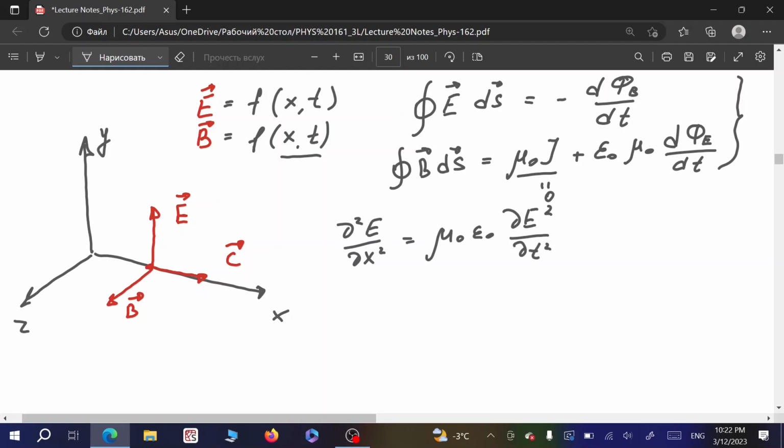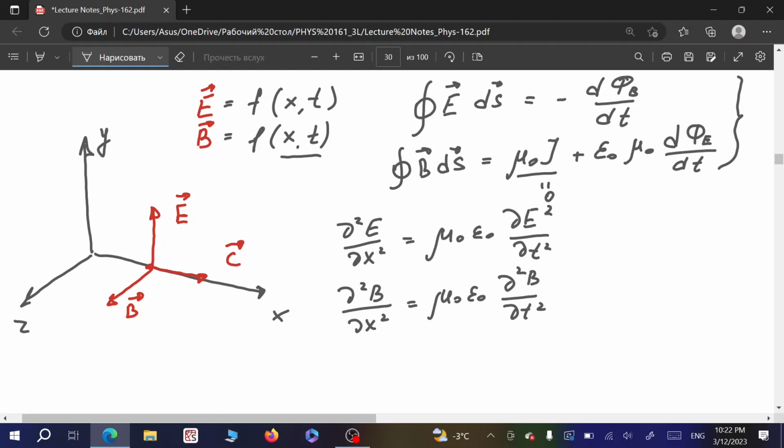Similarly, we can write also for magnetic field. So this is the second partial derivative of magnetic field over dx square, and that is equal to mu naught times epsilon naught times the second partial derivative of magnetic field over time.